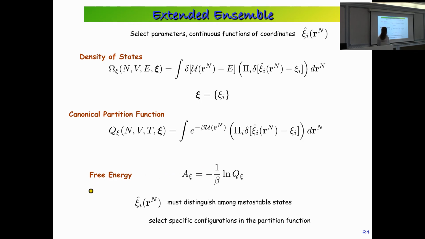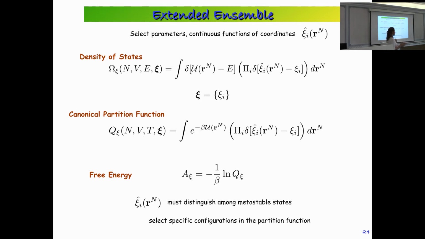So the first property that you require from the collective variables is that they distinguish clearly among the states that you want to compare. You need some number that doesn't matter what it is, but it has to be different between state 1 and state 2.